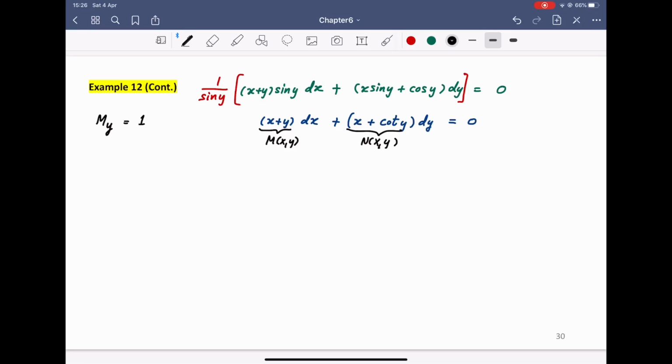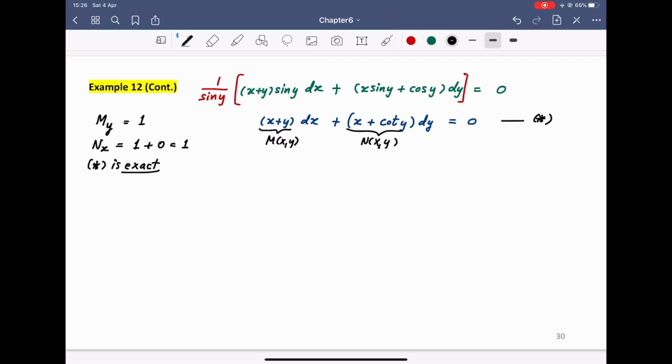And then if you differentiate N with respect to x, you differentiate x, you get 1, and differentiate cotangent y with respect to x, you get 0. So this is 1. So now this is an exact differential equation. So good.